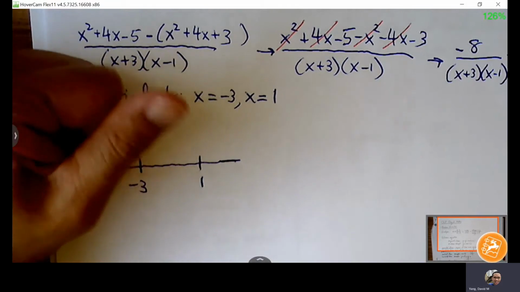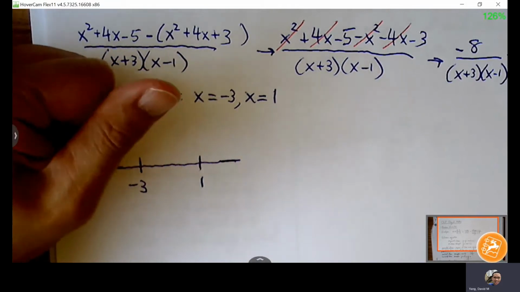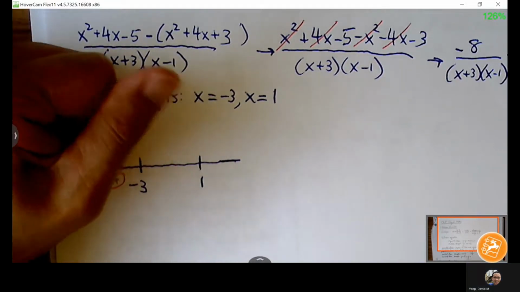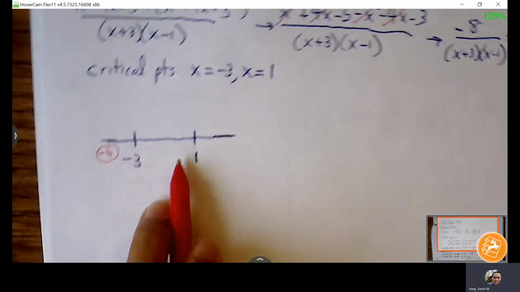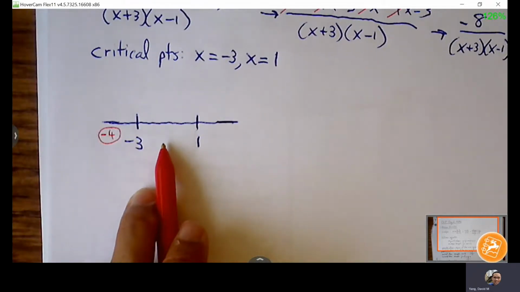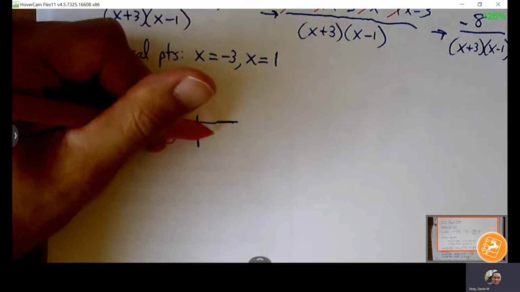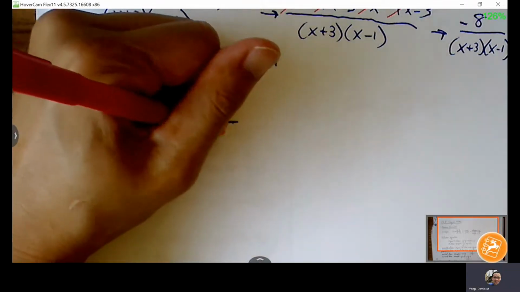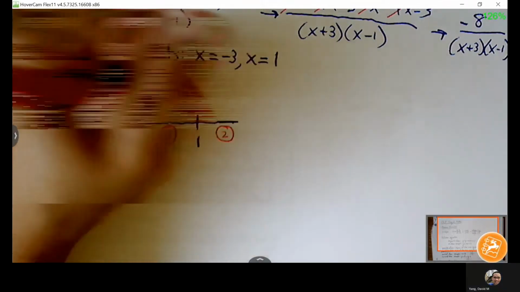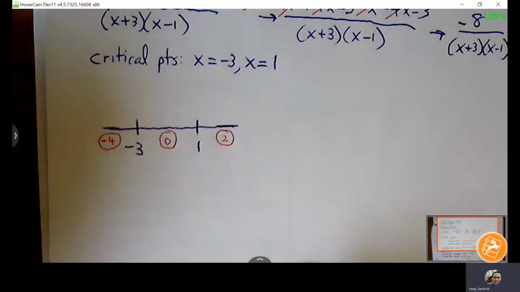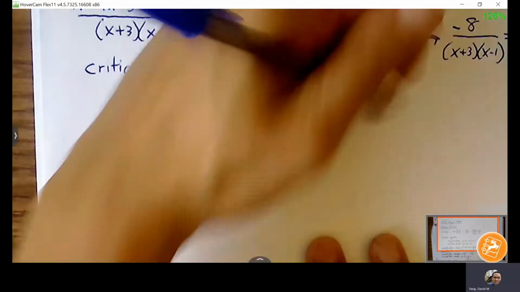The smallest number I can think of in this interval is -4. The smallest number I can think of that will be easy to test in the next interval would be 0. And the smallest number I can think of that would be easy to test in the last interval would be 2. So those numbers I want to test against my inequality.